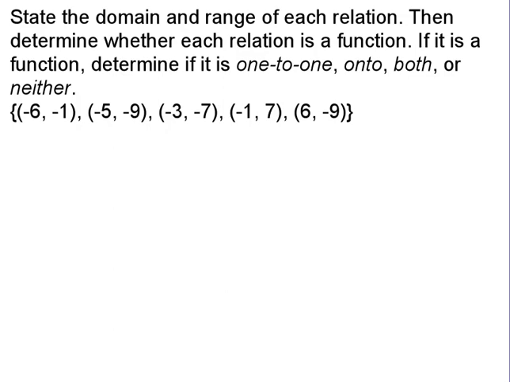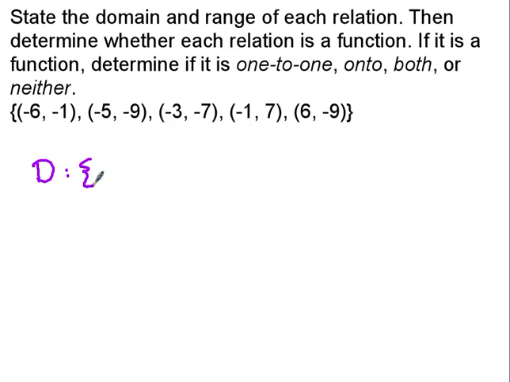So first of all, it says state the domain and the range of each relation. Then determine whether each relation is a function. If it is a function, determine if it is one-to-one, onto, both, or neither. So, let's go ahead and list our domain.